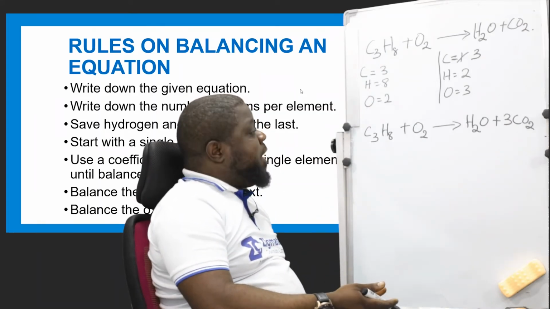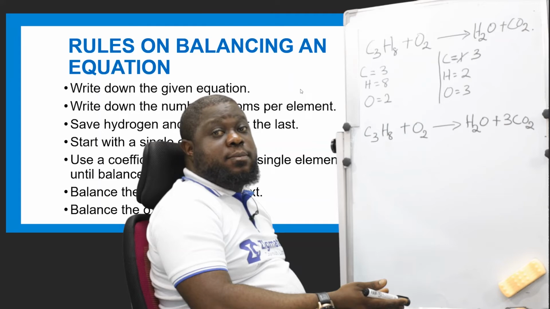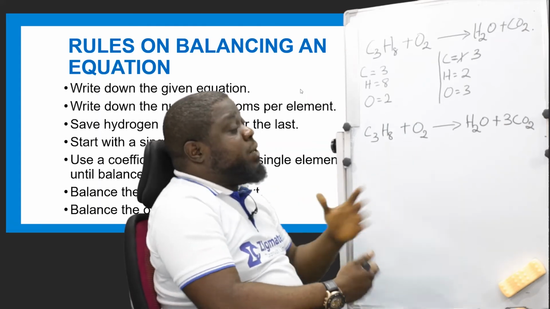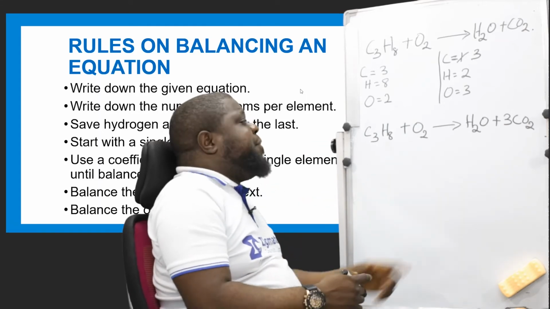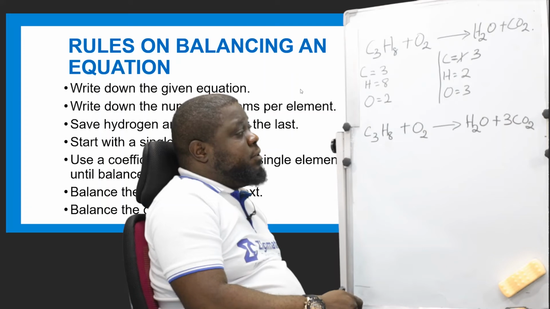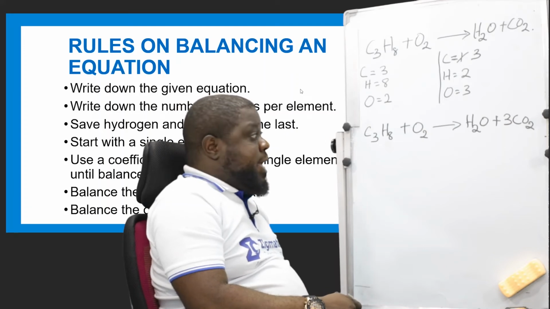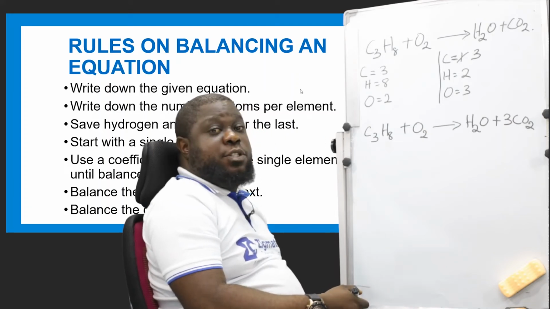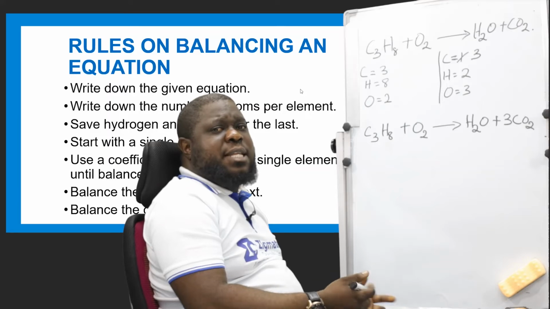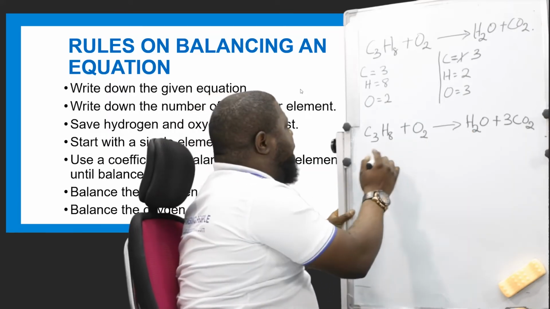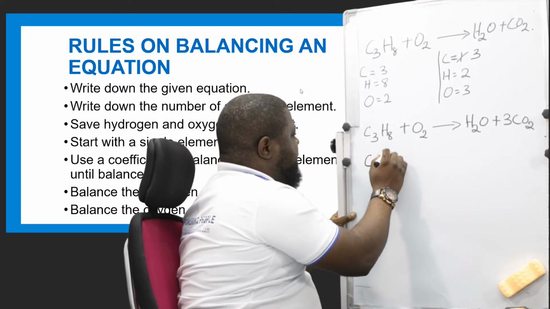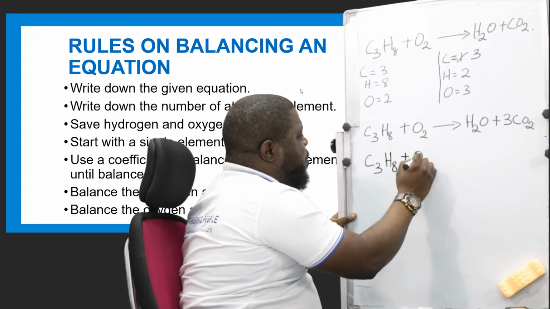What do we add? If you check well, what are we going to add? I think if we add 4 to hydrogen, it might be able to give us the same thing. Let's try 4. Now, if you are using 4, it will be C3 H subscript 8 plus O subscript 2.